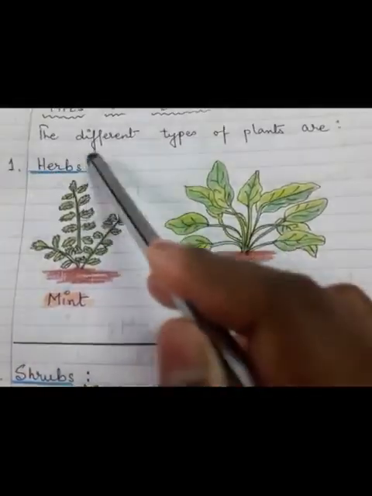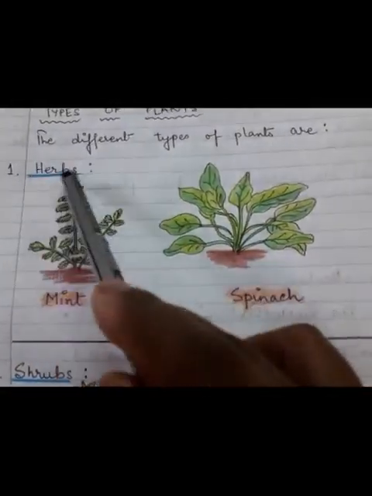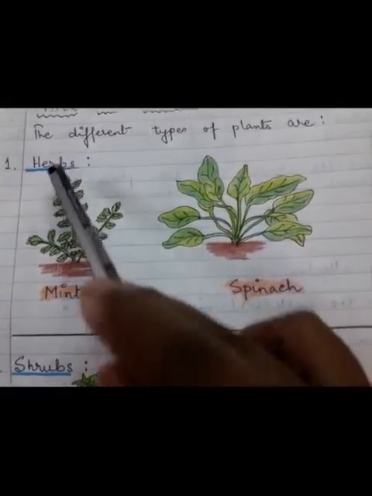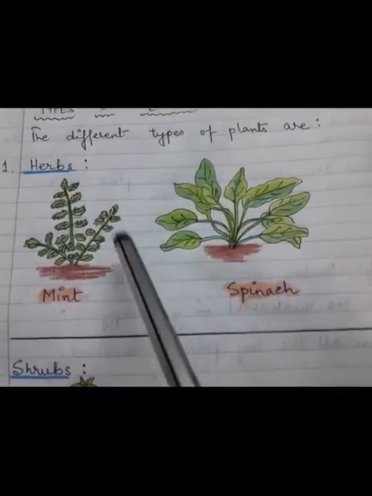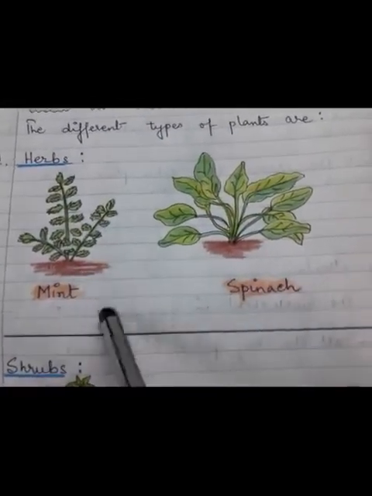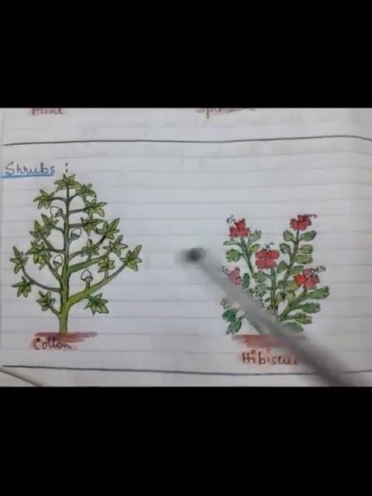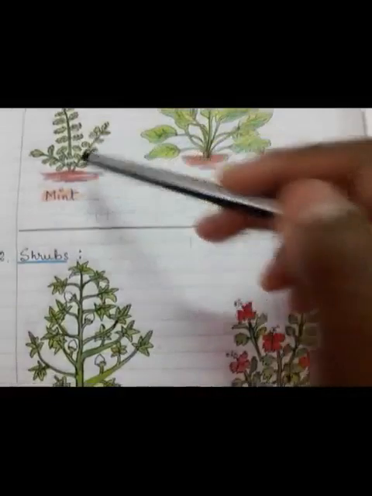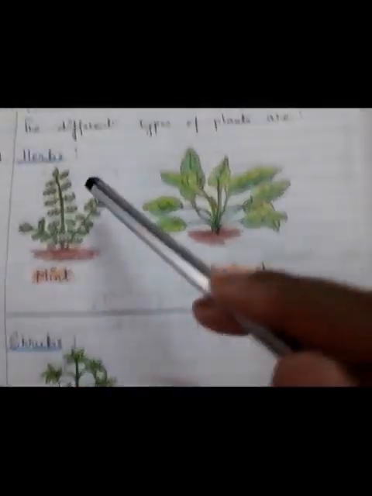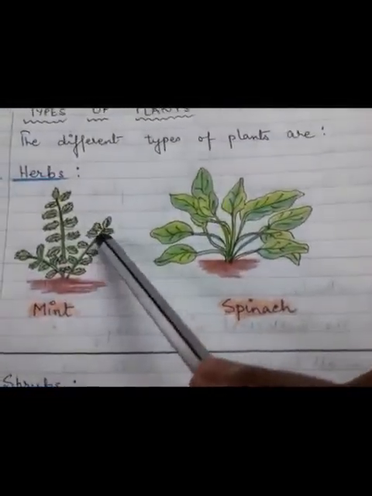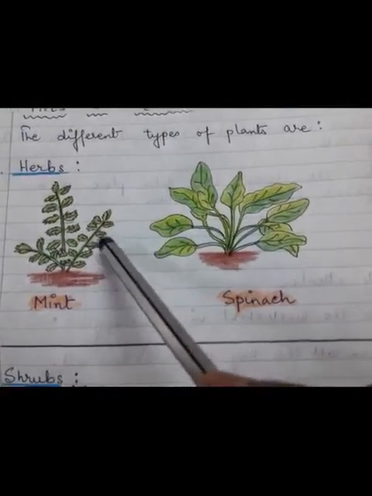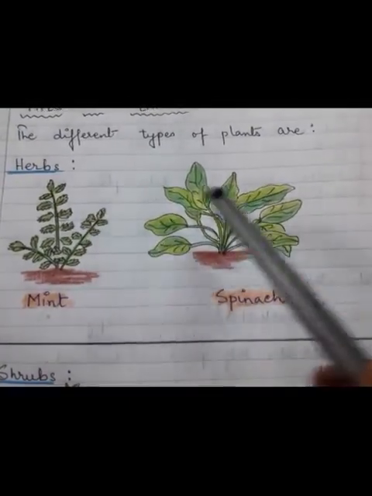Now we'll come to the first category of plants, that is herbs. These plants are generally smaller than shrubs. Can you see shrubs here? Herbs are smaller in size than shrubs. They have a single or non-woody stem.